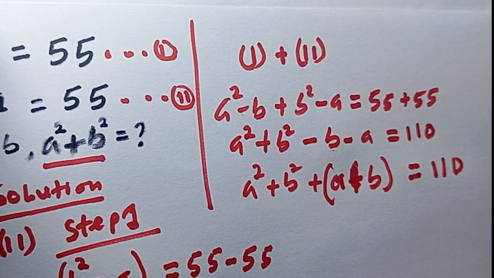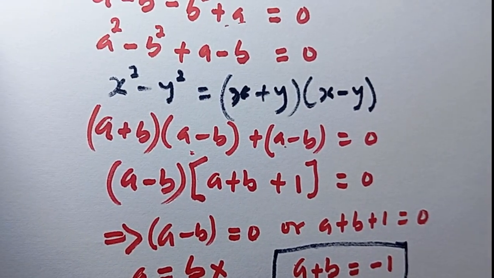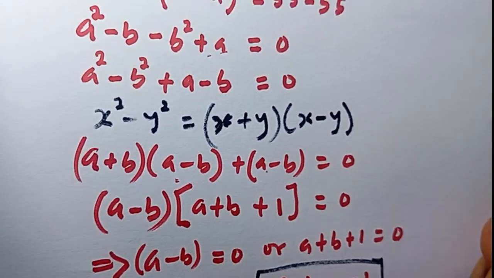So I'm going to be making the substitution we saw down here. If you look down here, you see that a plus b, we got it to be equal to minus 1.